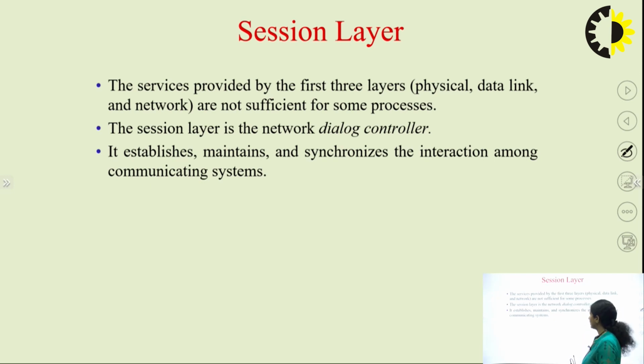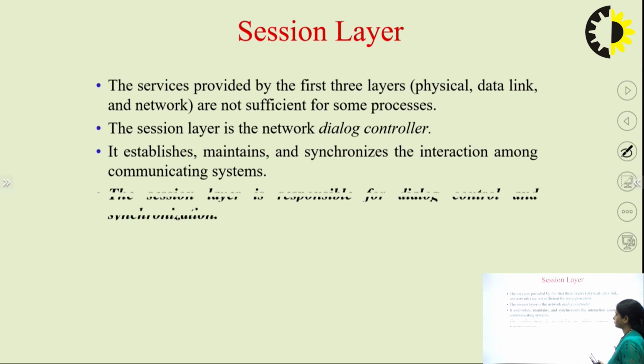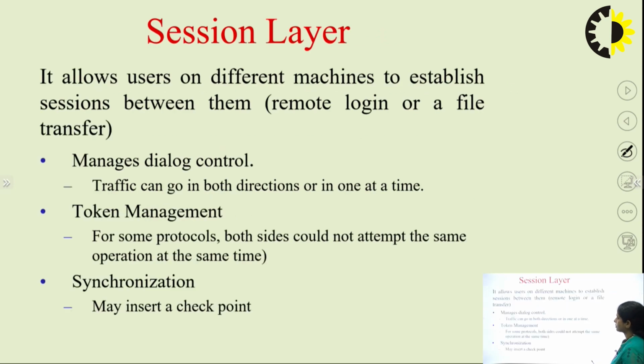What is a network dialog controller? It establishes, maintains and synchronizes the interaction among communicating systems. The session layer is responsible for dialog control and synchronization, right? So, as we have seen, the functions are dialog control, token management and synchronization.